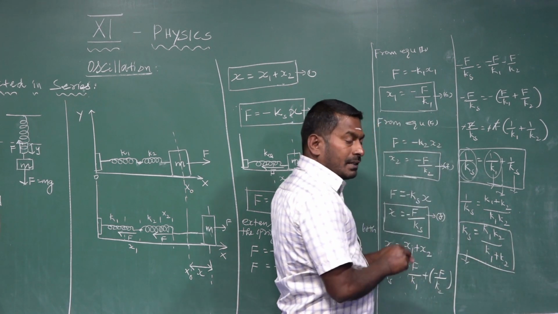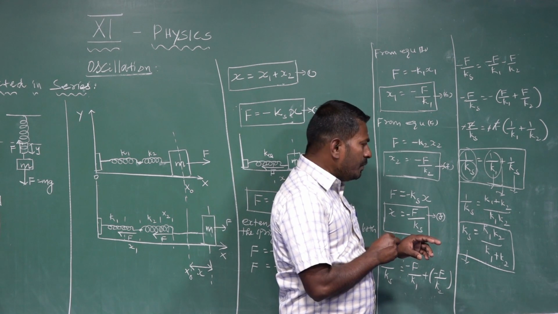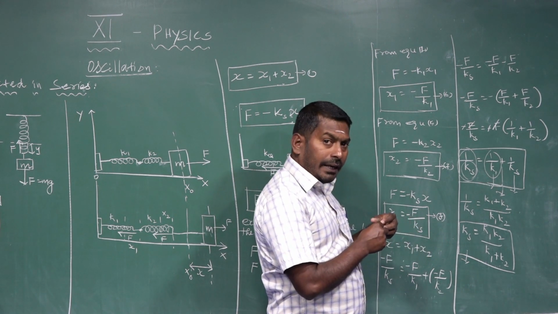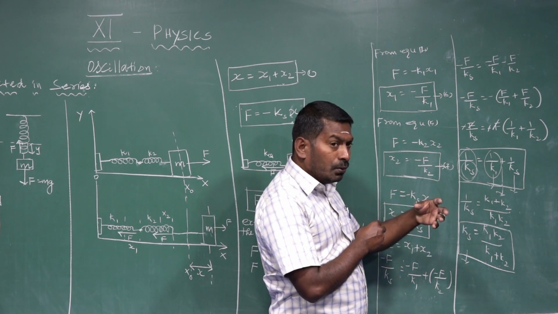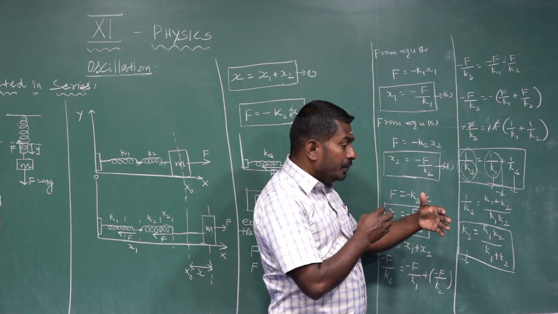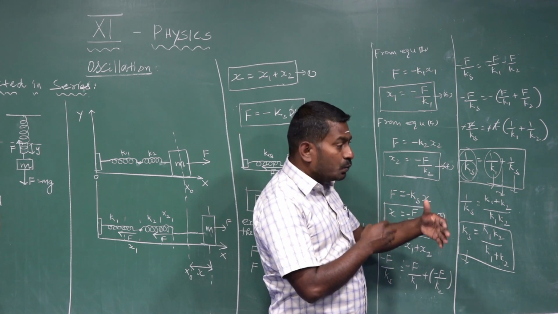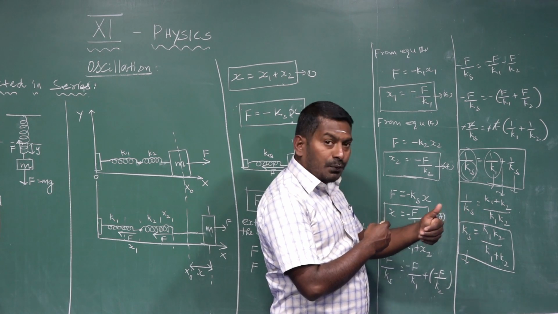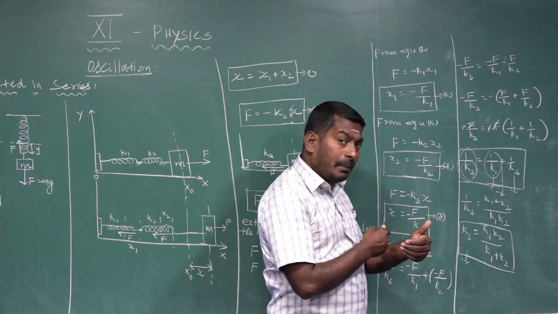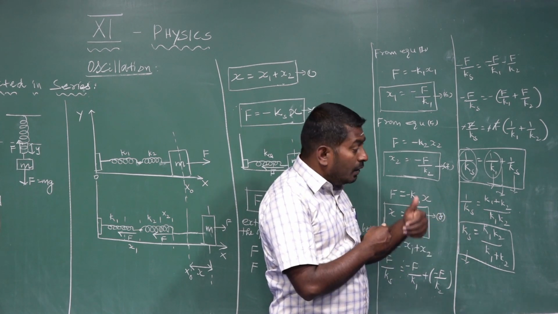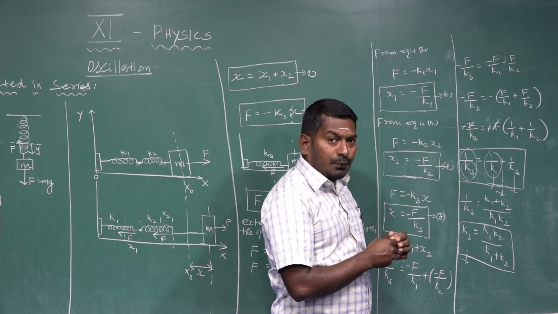If both springs are connected in series, after application of an external force on the load, extensions x1 and x2 are produced in the two springs, but the restoring force developed within both springs remains the same as the applied external force.